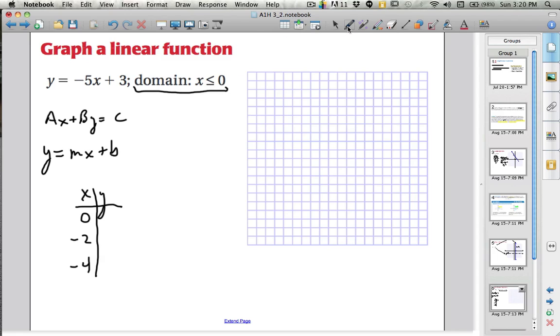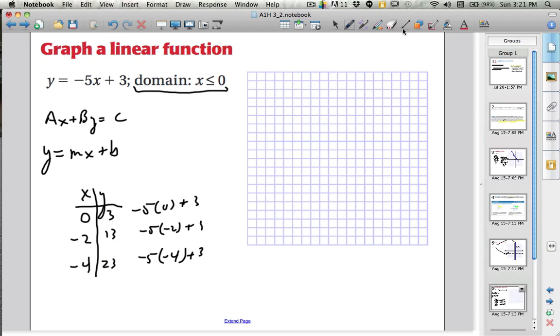When we plug these in, -5 times 0 plus 3 is equal to 3. -5 times -2 plus 3 is equal to 13. And -5 times -4 plus 3 is equal to 23.